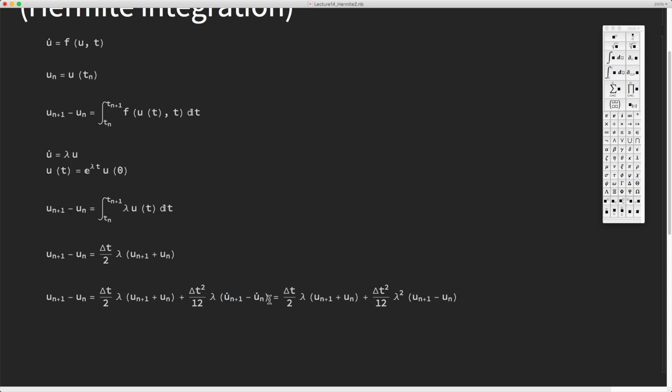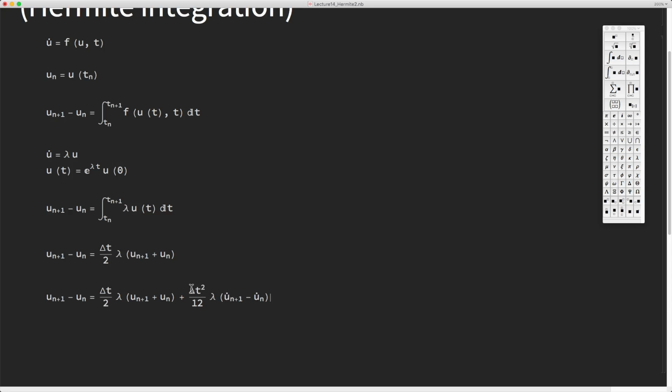So in this case, we have the trapezoidal rule plus a correction, and the correction is the derivative of the function we were integrating.